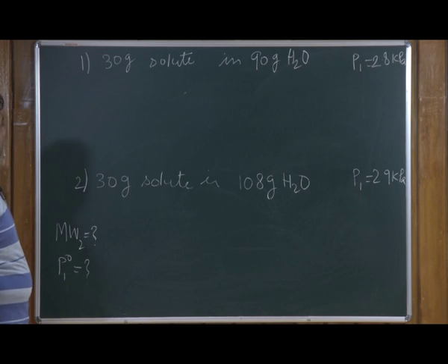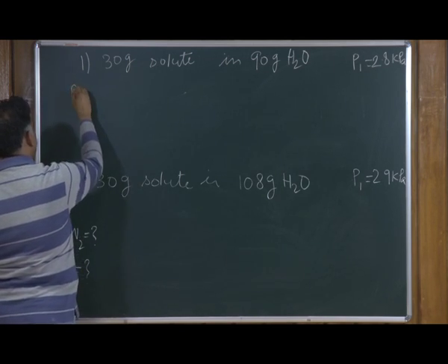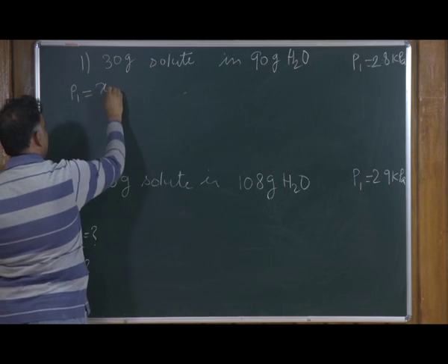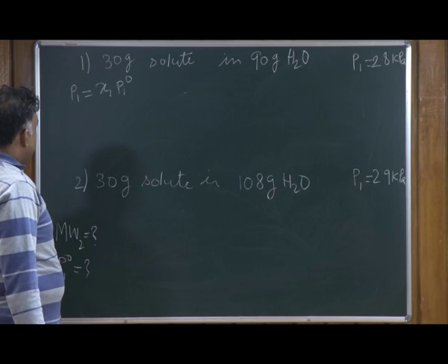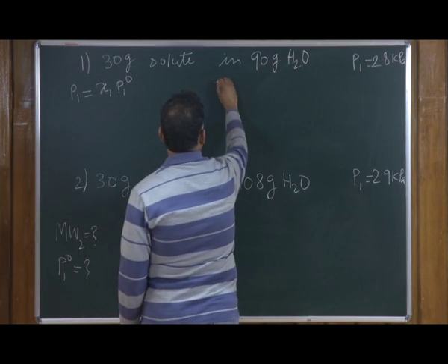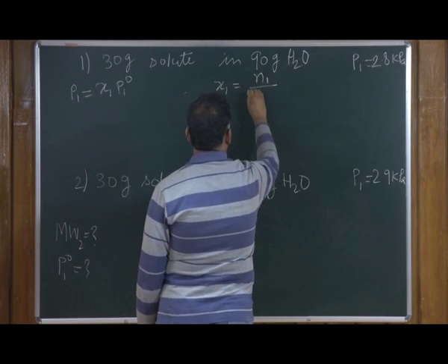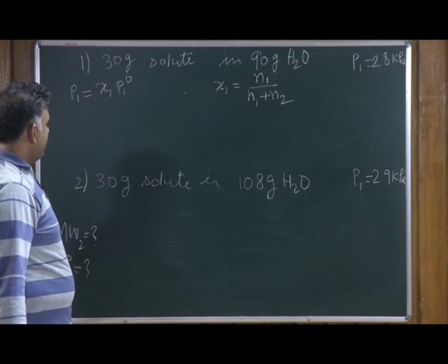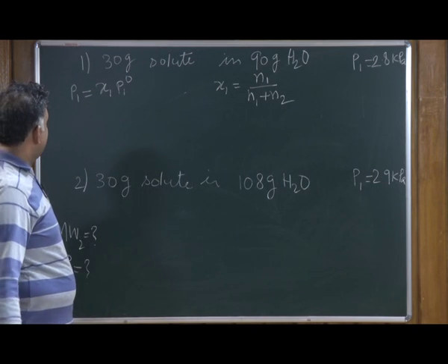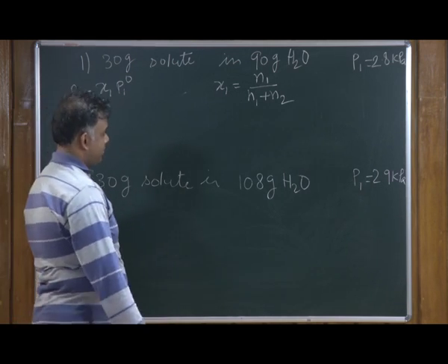So, let us go back to our Raoult's law. Raoult's law is P1 is equal to x1 P1 0. Okay, and what is x1? x1 is moles of component 1 divided by total moles. Binary system, only two components. Okay, and we are given only masses. So, we need to convert this mass information to moles.